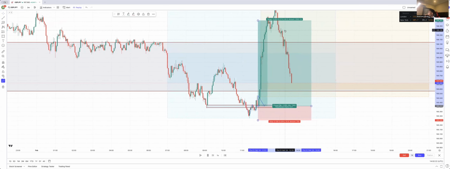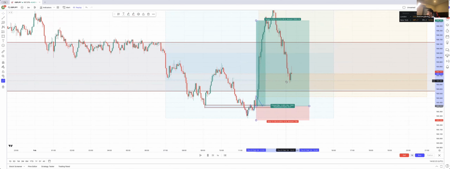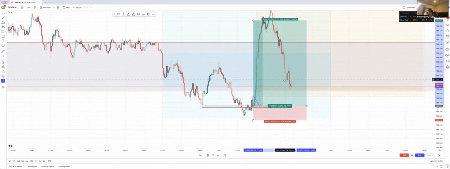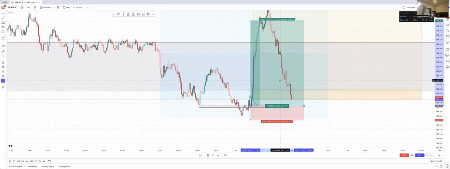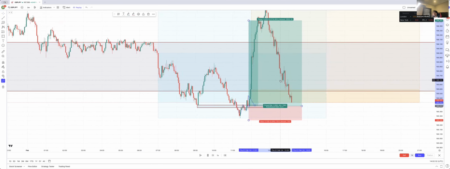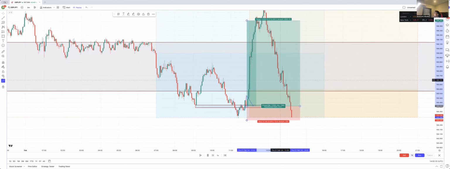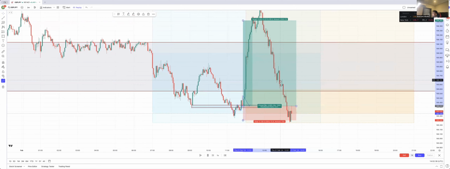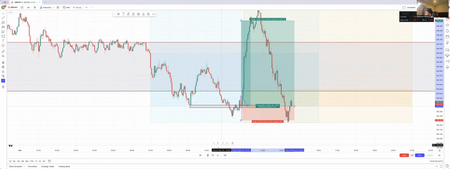I just want you guys to understand that on this 3 minute candlestick, yes, you need to be vigilant and you need to know what you are doing.